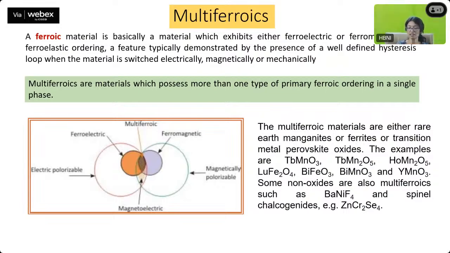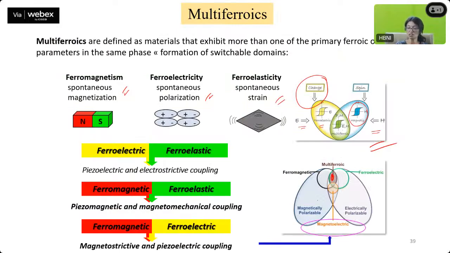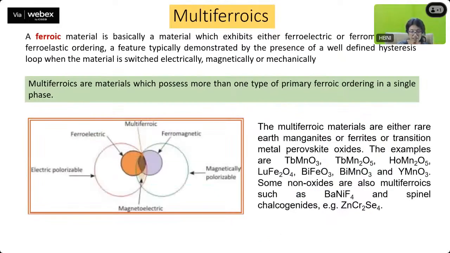As I explained in the previous slide, this is the same Venn diagram shown in a different way. What are examples of multiferroic materials? You have rare earth manganites or ferrites or transition metal perovskite oxides.